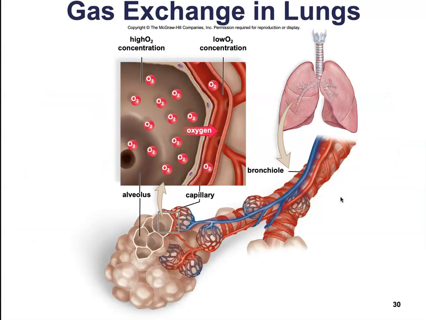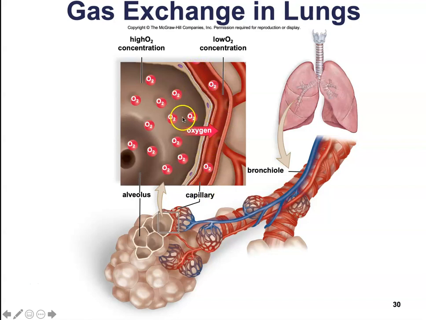So here's an example. I mentioned to you that oxygen and carbon dioxide can diffuse across the membrane on their own. If you think about the bigger picture here, this is the alveoli of the lungs, and you have lots of oxygen in there when you're inhaling. Based on the concentration gradient, there's a high concentration of oxygen in the lung and a low concentration in the blood.